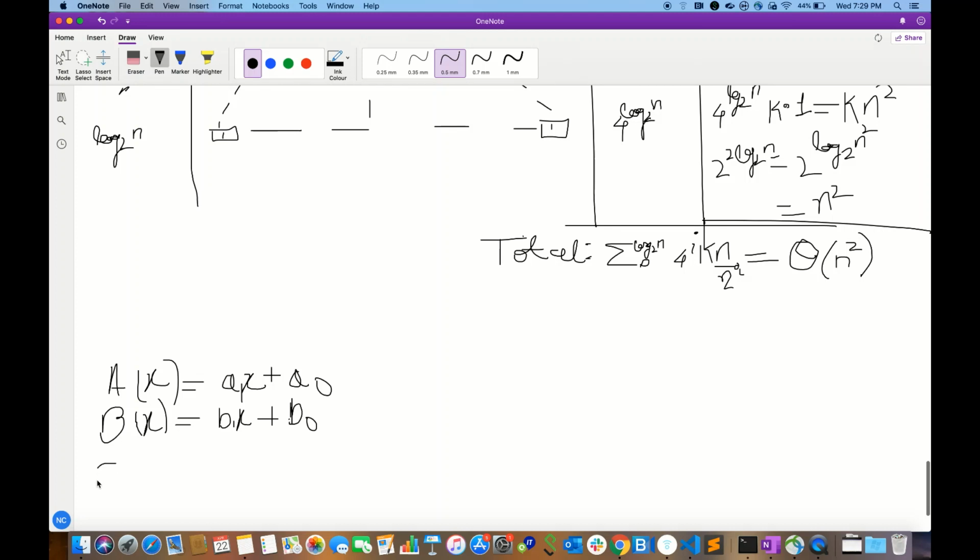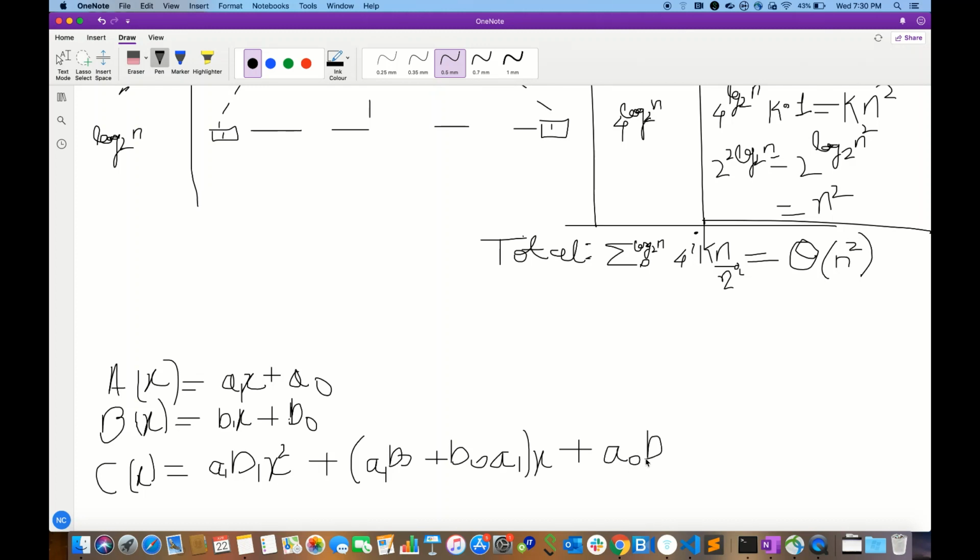So the resultant will be C(x) equals a1 b1 x square plus (a1 b naught plus b1 a naught) x plus a naught b naught.